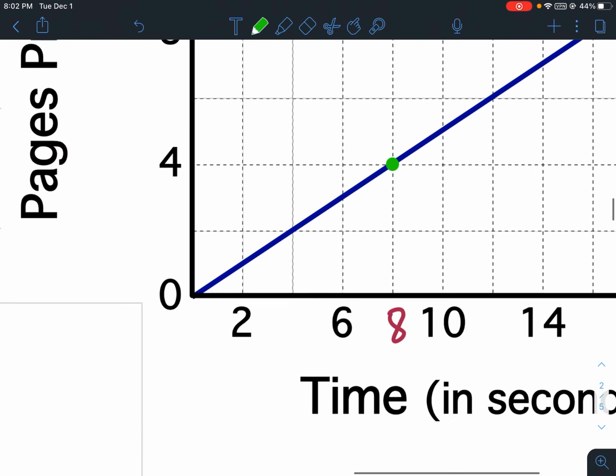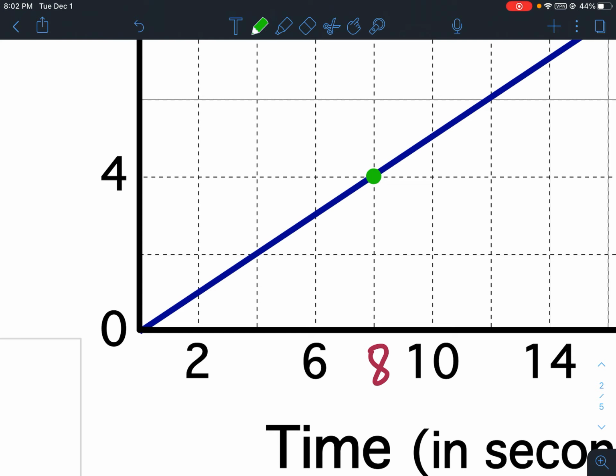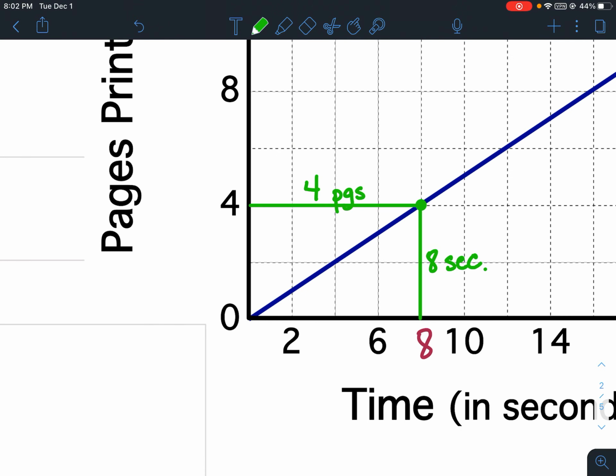So I picked the point right there on your graph. That point would be 4 pages and 8 seconds.